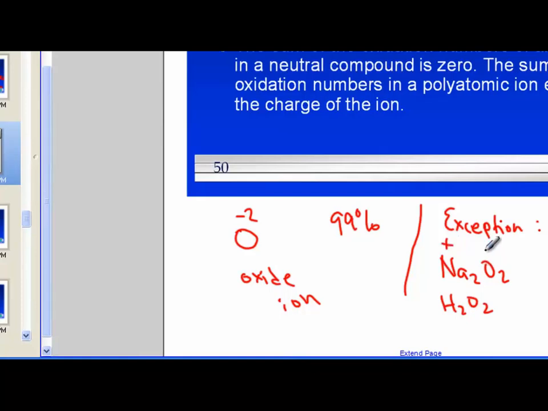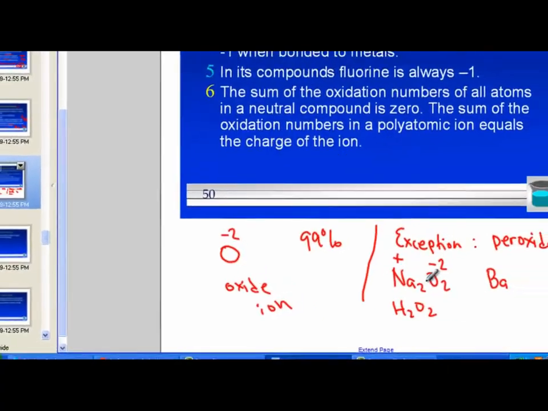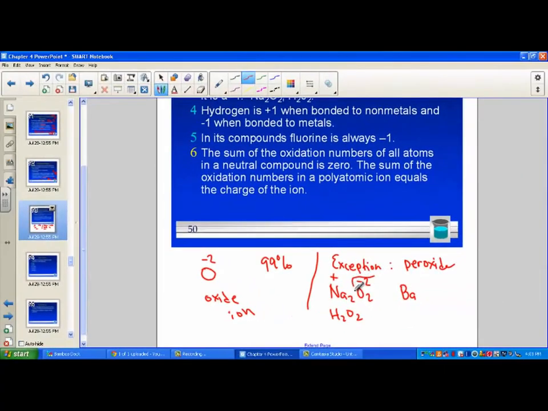Now I know sodium's a +1, oxide must be a -1, but there's 2 units of it here. So this is just a little bit weird, isn't it? The overall charge here is -2, and that's why we come down and bring that 2. So the peroxide ion is O2, -2.